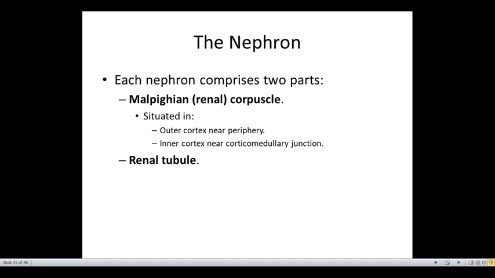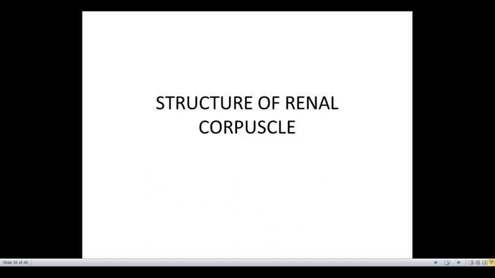The second major part of a nephron is the renal tubule. Let's first study the structure of the renal corpuscle in detail.